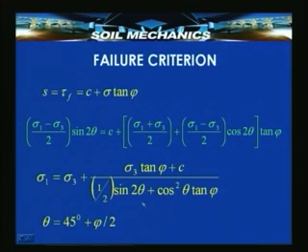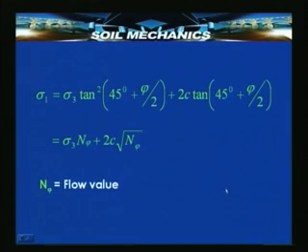Then, knowing that the plane of failure makes an angle theta equal to 45 degrees plus phi by 2, and knowing sigma 1 and sigma 3, it is possible to check whether failure will take place along a given plane or not. That same expression which we saw in the previous slide can also be rewritten in this form, where we now use a notation N phi, known as the flow value, to represent tan square 45 plus phi by 2.